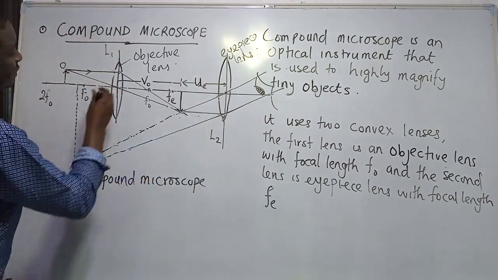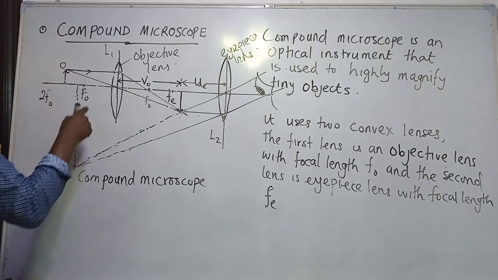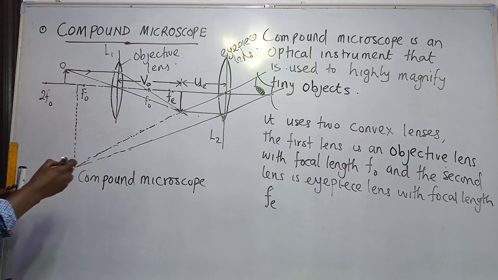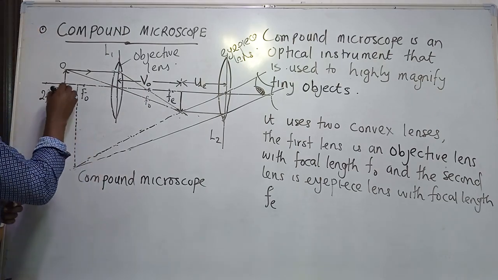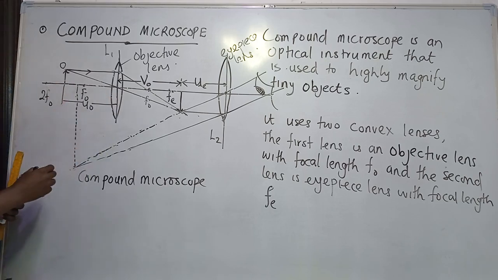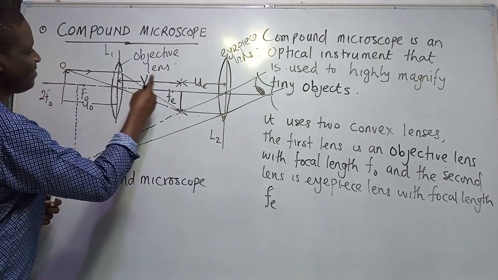So from here to this place is the image distance of the objective lens. That's why I call it V subscript O. Now this one is the object distance of the eyepiece lens, while this is the image distance.